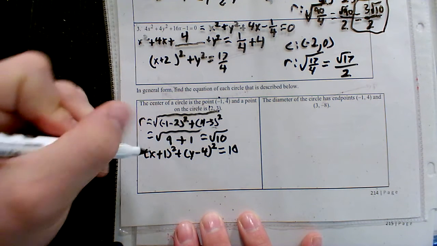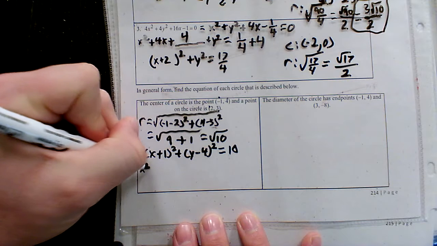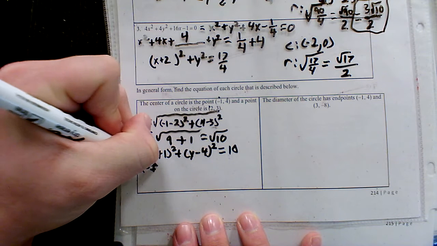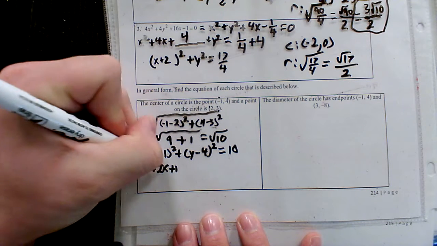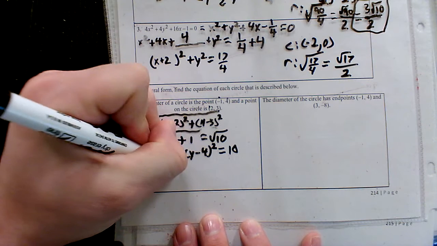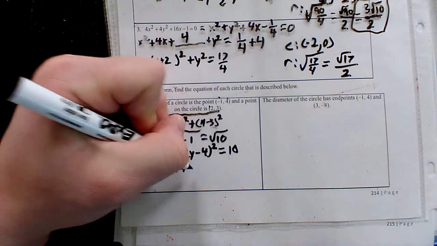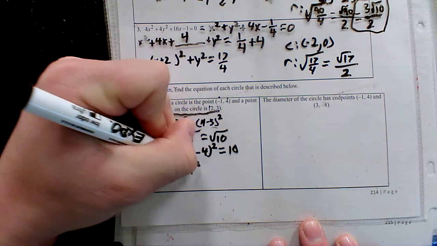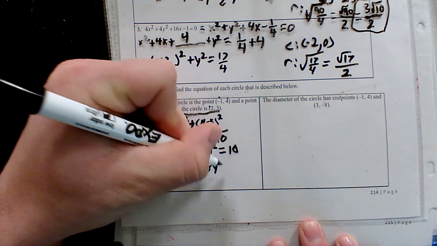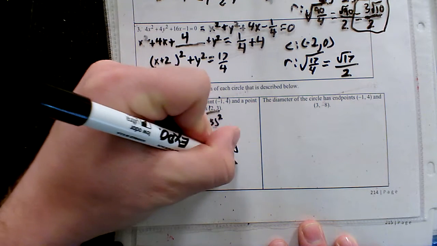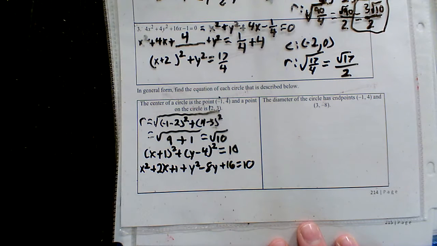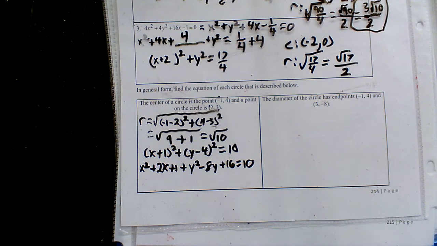So if you do x plus 1 times x plus 1, you get x squared plus 2x plus 1. Then we're going to add to it, if you do the y minus 4 squared, you would get y squared minus 8y plus 16 equals 10. And you can't just stop there. Yes, we have it all expanded. We have all the values we need, but you can't stop there.